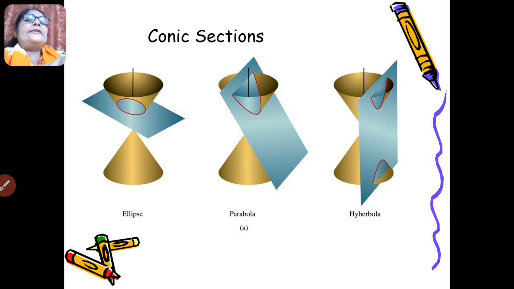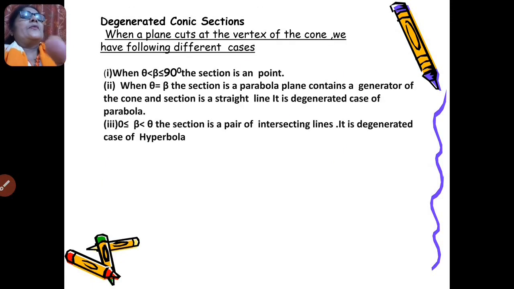As more clear in these figures, the first case is an ellipse, the second you can see is a parabola and the third is a hyperbola.